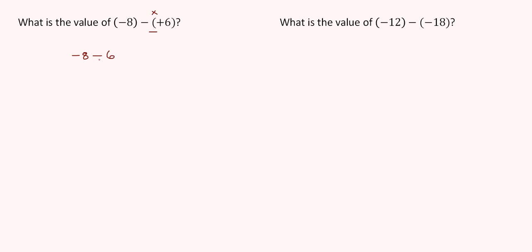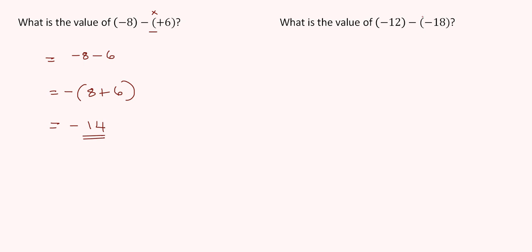So now we have same signs. So we have 8 plus 6, and then we're going to put a negative sign on the outside because both numbers are negative. So it's going to give us negative 14.